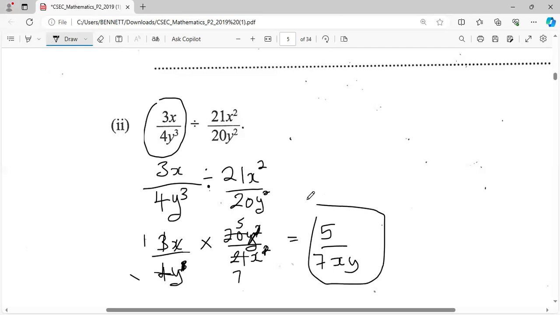We could multiply across, numerator by numerator. So we could say 3 times 20, which is 60xy squared. Same thing for the denominator: 4 times 21, 4 ones are 4, 4 twos are 8, so that's 84. And then we have y cubed and x squared, so you'd have x squared y to the third.